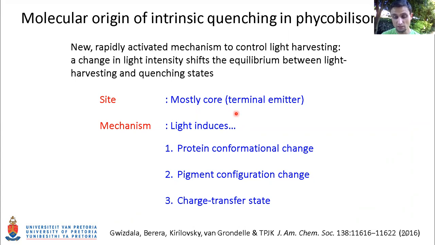The molecular mechanism is summarized as: light induces protein conformational change, which in turn gives rise to a configurational change of only one of the embedded pigment molecules, the core pigments, which allows a charge transfer state to mix with the excited state, leading to energy quenching.